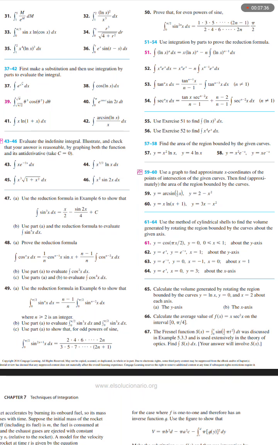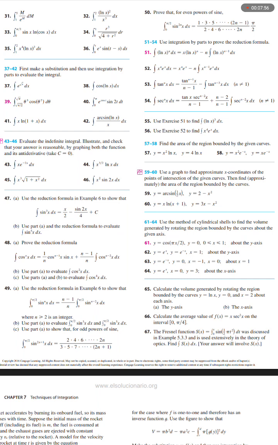The integral from square root of pi over 2 to the square root of pi of theta cubed times cosine theta squared d theta.